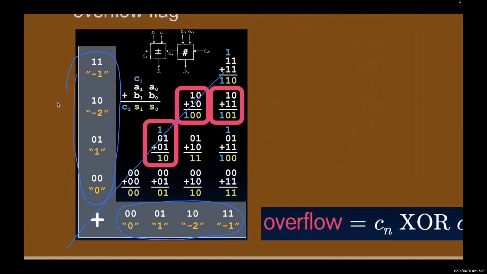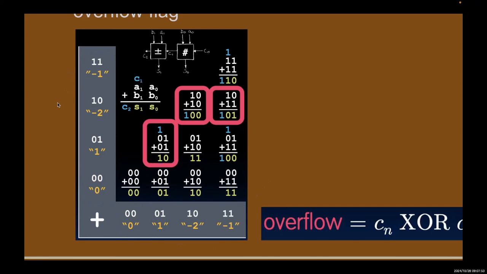By the way, this part is the same as this, so we only care about half of them. We are adding them together: 0 plus 0 is 0, 0 plus 1 is 1, 0 plus -2 is -2, 0 plus -1 is -1, which is all normal.